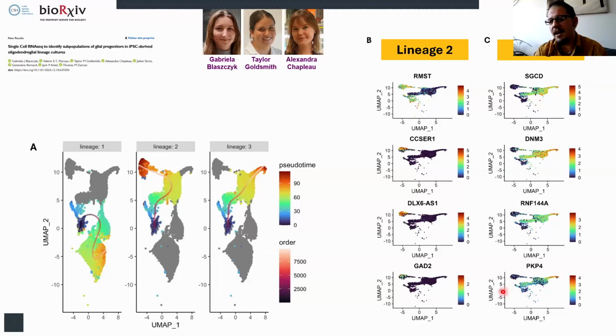For mature oligodendrocytes, mostly those are genes related to adhesion, migration, but also ubiquitination, like in the case of RNF144 alpha. Whereas for resting OPCs, these are cell cycle repressors previously observed in cancer models.